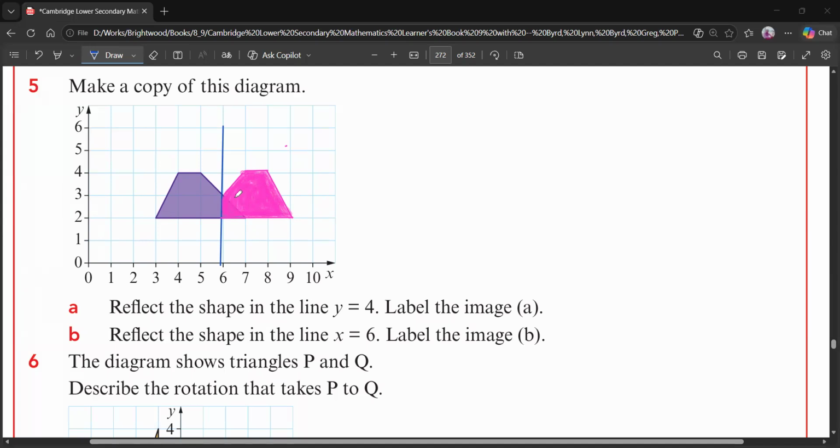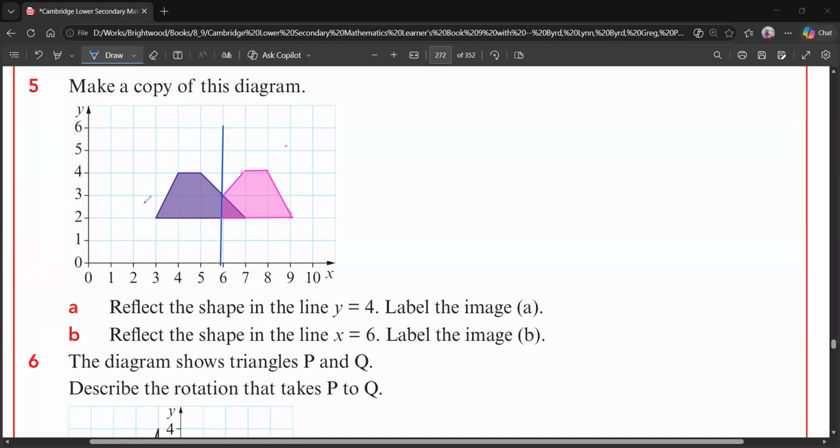Get the idea, no? Yes. Here's the shape. Okay, it's getting like that, no?